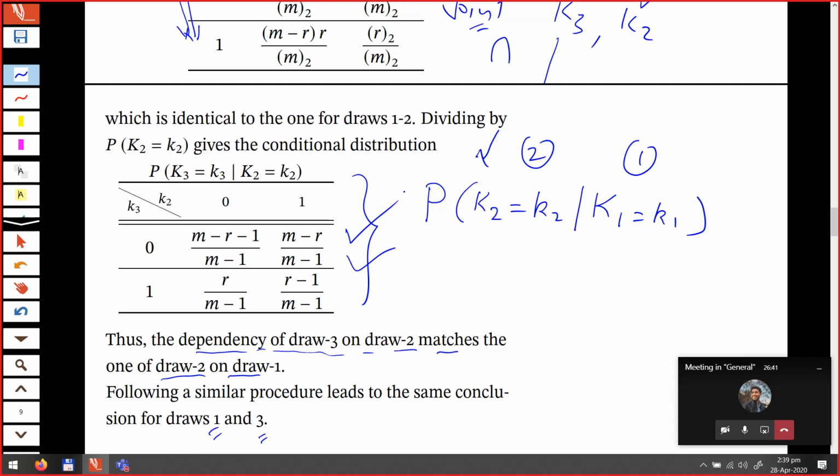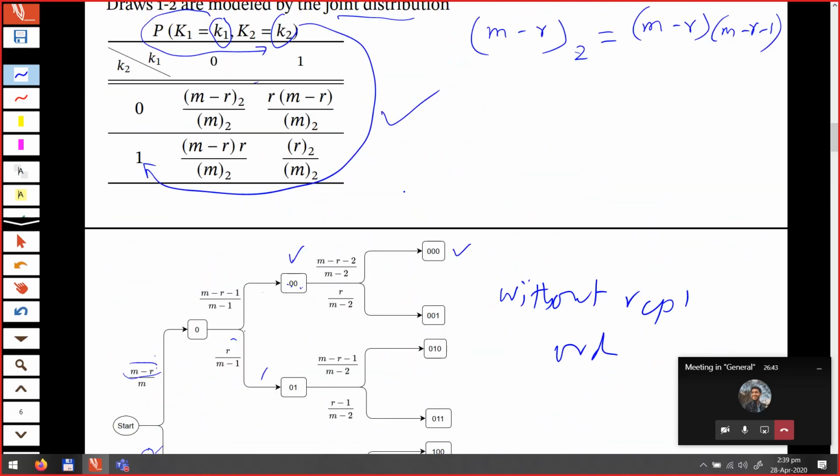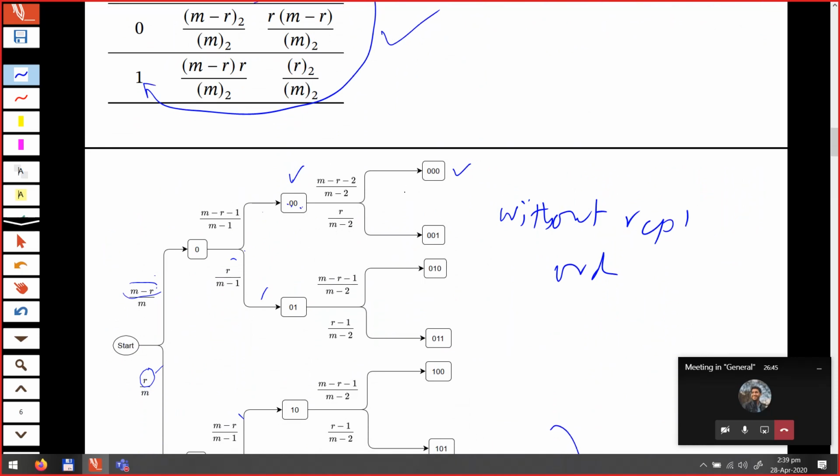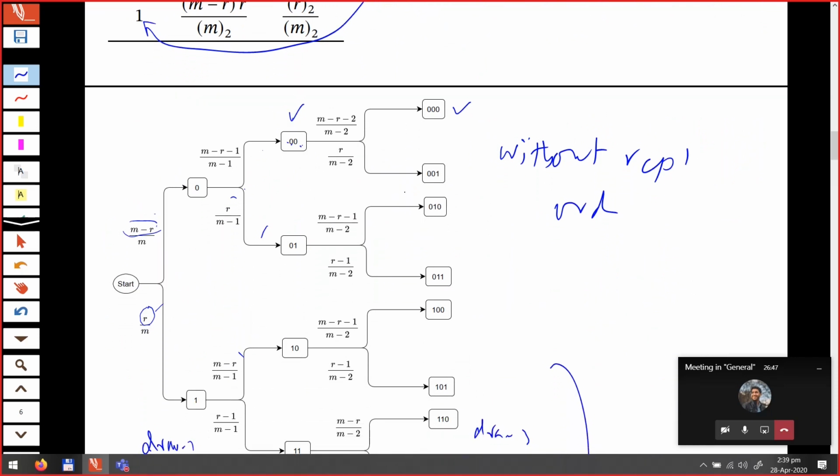This is amazing, yeah? Even though you do not have independent events, they are still dependent, but because of this special relationship, some magic happens: the dependency of draw 2 on draw 1 has the same form as the dependency of draw 3 on draw 2.